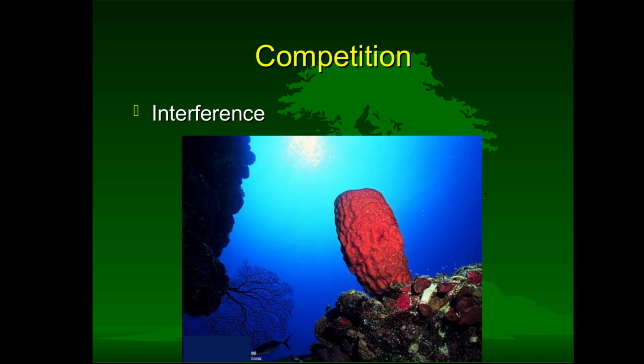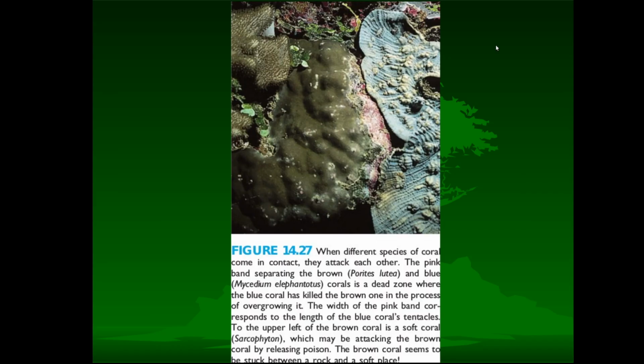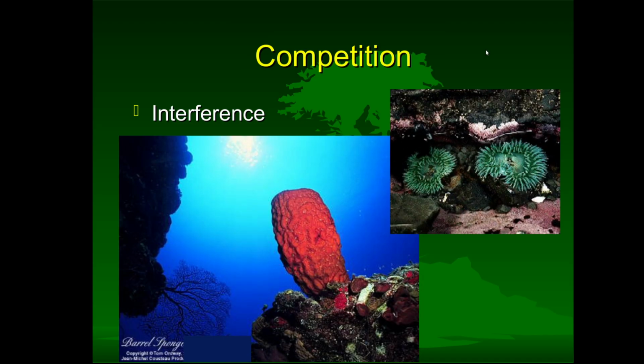All right, considering just the type of competition in which there are two consumers consuming a single resource population, or the classic kind of competition, there are two types of competition usually distinguished in the literature. These are interference competition and exploitative competition. So, interference competition occurs when one competitor interferes physically or chemically with the other competitor to prevent it from consuming a common resource.